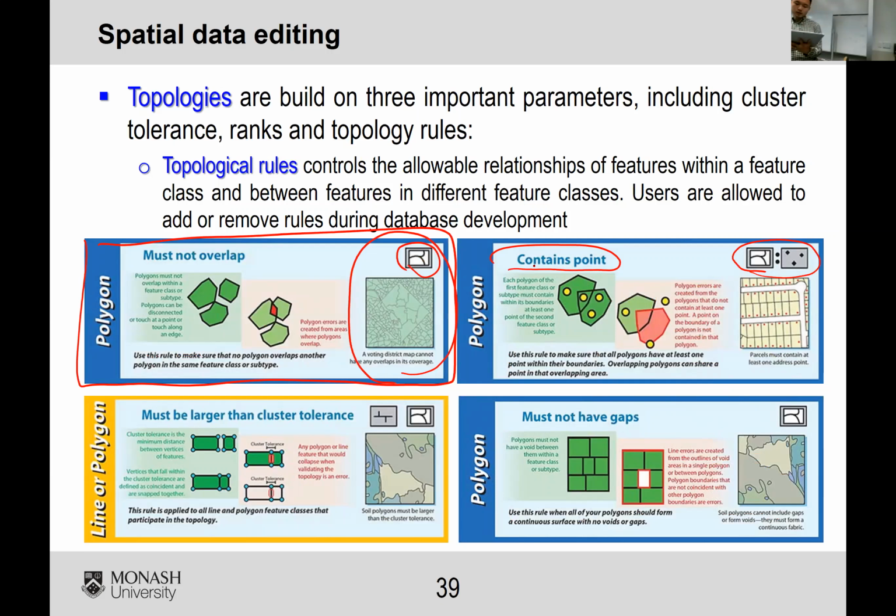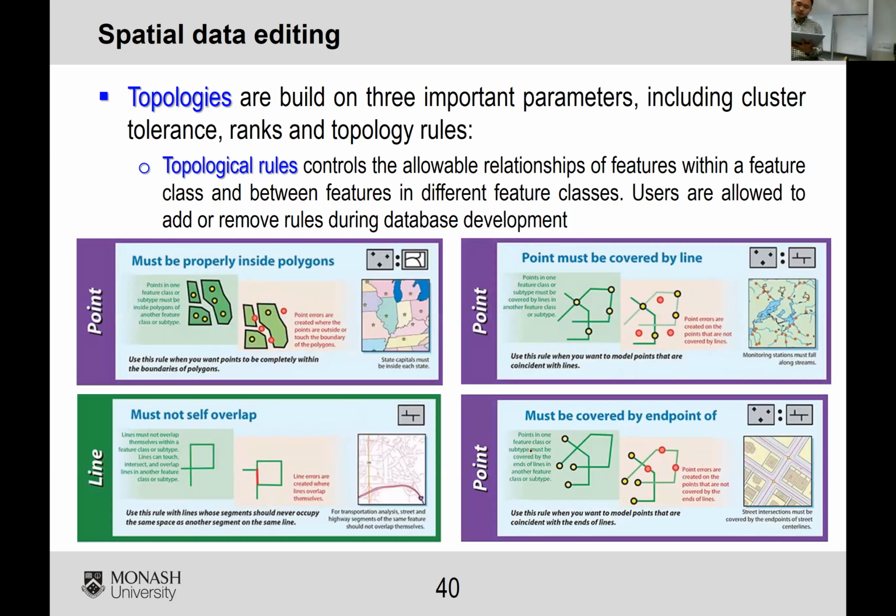And let's look at another example. So this one is the interaction between points and lines. In this example here, the problem is to map out the location of water quality monitoring stations.